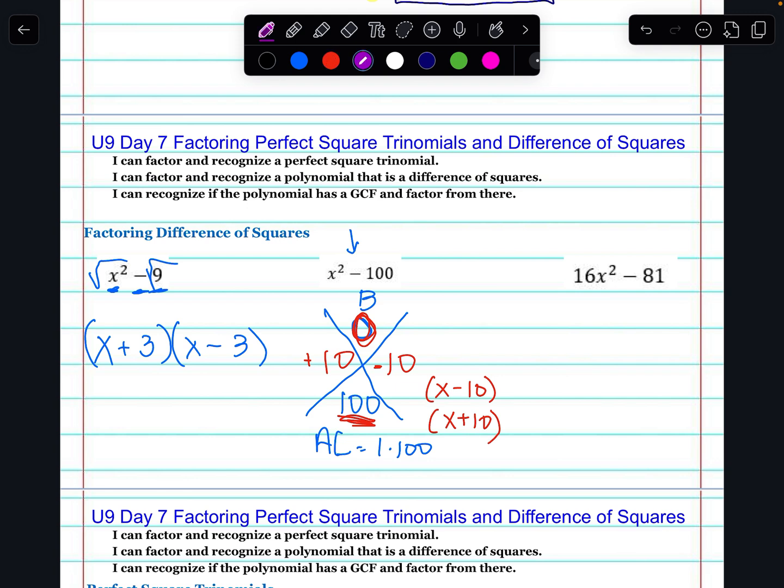The last one is a little bit different because you'll notice this a term is not 1. It's 16. But you have to start noticing your perfect squares. And 16 is a perfect square. And the square root of 16x squared will be 4x if I square root it.